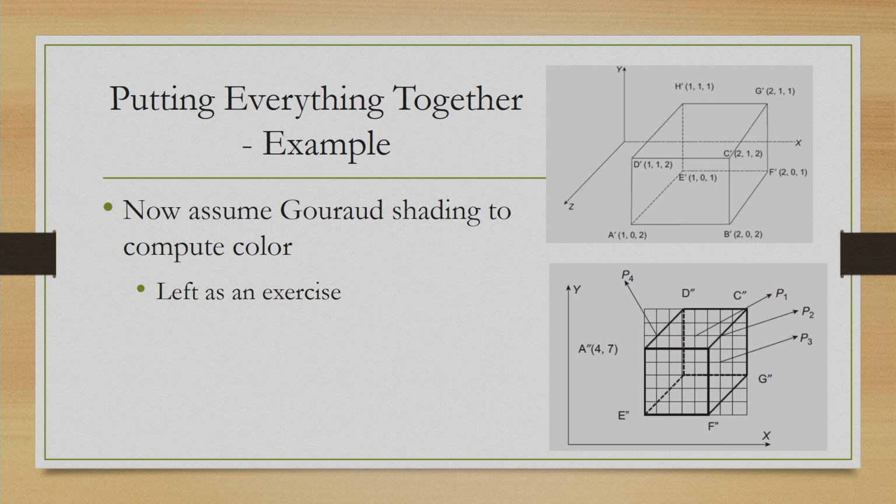And also I would like to request you to use the Gouraud shading algorithm to perform the same computations for the 3 points. I leave it as an exercise for all of you to do, and then you can compare the amount of computation as well as the kind of values that you are getting, and from there you can get some informal idea of the effect that results from the application of these different shading models.